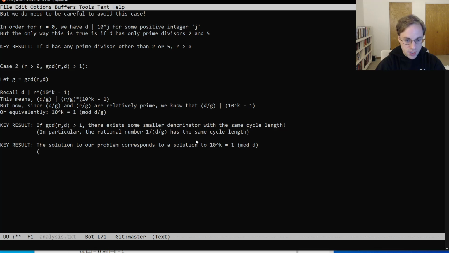And I'll just note, as we already noted previously, the smallest positive such solution, in case we've forgotten. Okay, so that's going to wrap up section 1.